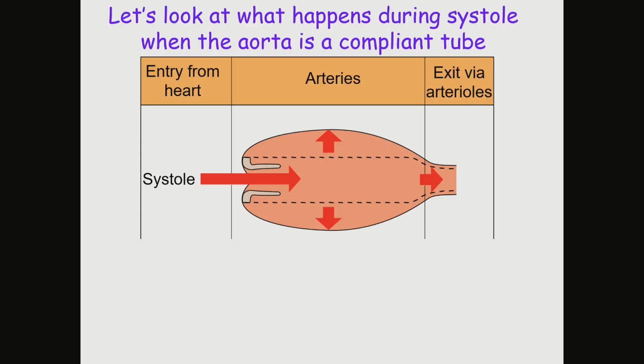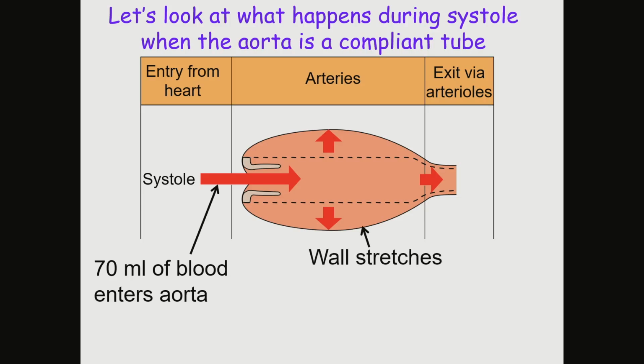But what if we have a compliant tube? 70 mils of blood enters the aorta. That's kind of a typical amount that will go in during systole. The wall stretches, and if the wall stretches, what happens to the surface area? It increases, right? And remember, pressure is force per unit area.